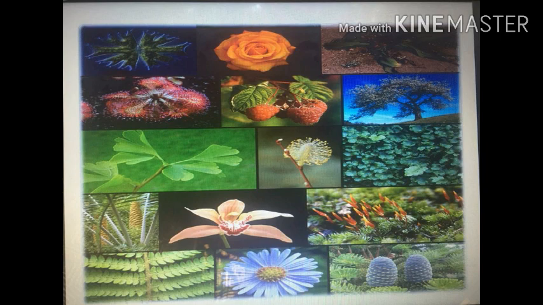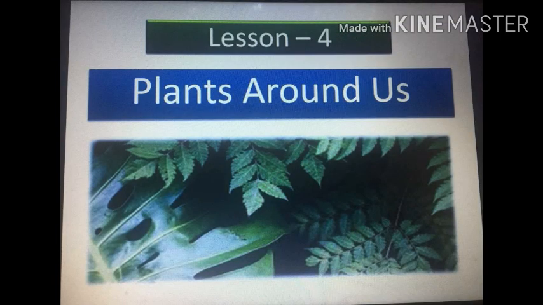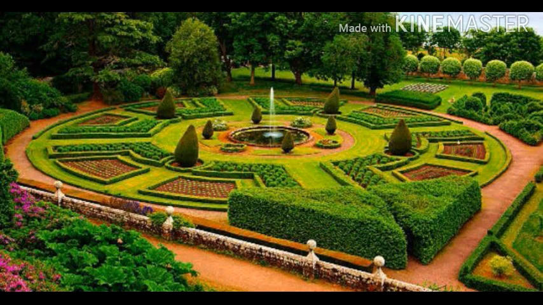Today we will start a new chapter, number 4, Plants Around Us. If we look around our house or school or go to a nearby park, we will see different kinds of plants. Some plants are big, other plants are small.